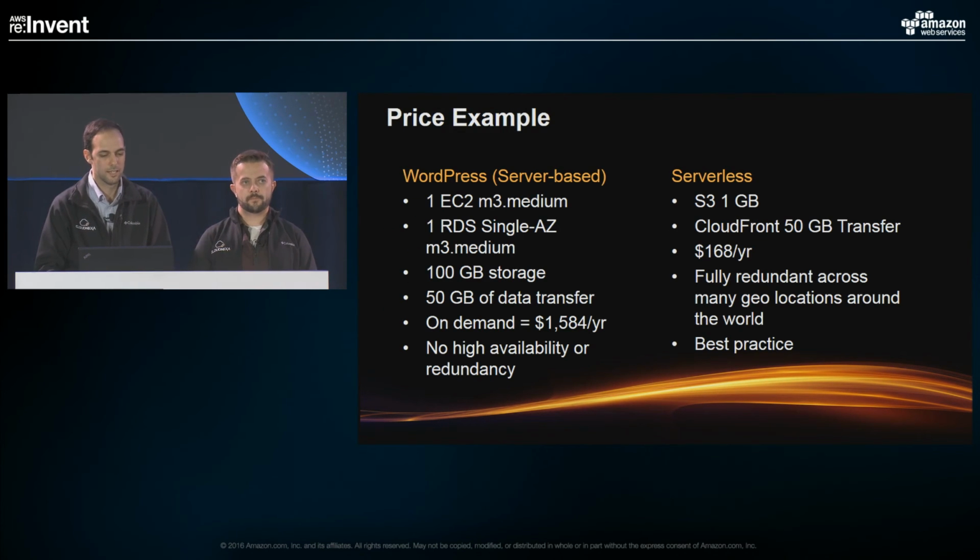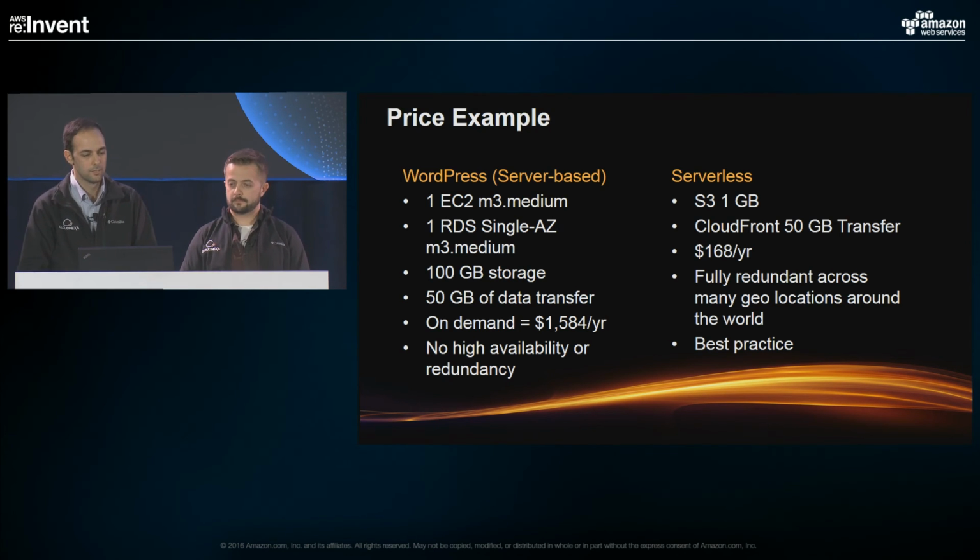And here's a real price example that we gave. Just think bare minimum, not even getting into auto scaling or any of the fancy stuff you can do on the traditional server side. If you use a basic LAMP stack, running an M3 medium, a single AZ RDS, 100 gigs of storage, 50 gigs of data transfer, it's approximately $1,600 a year.